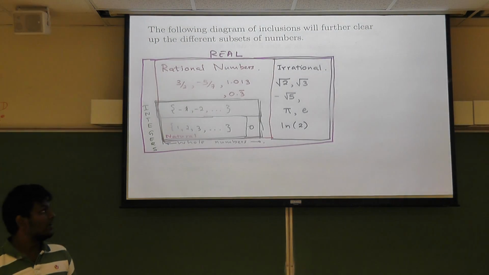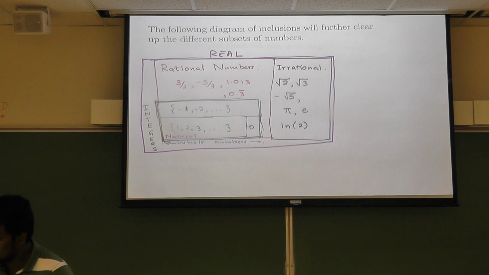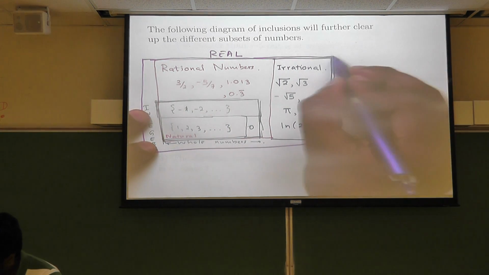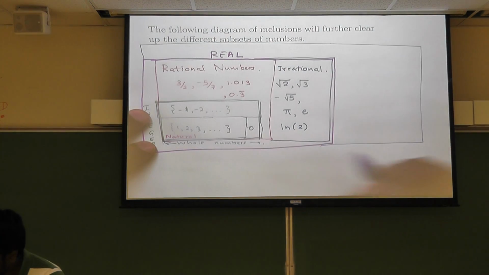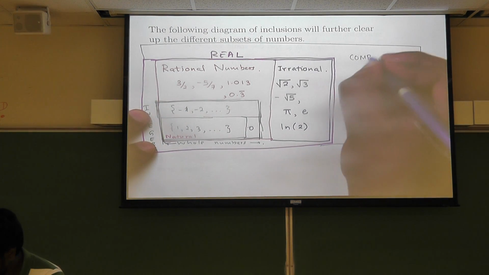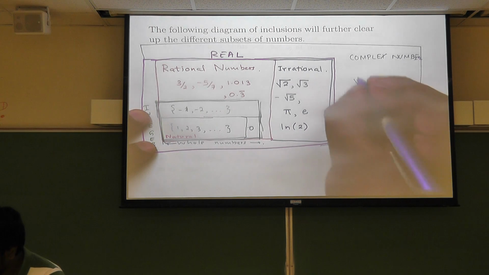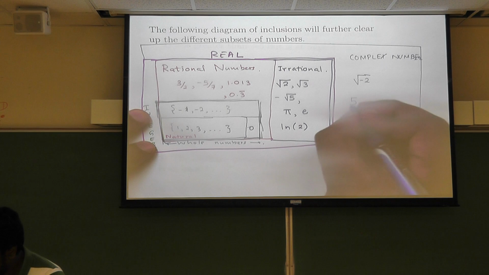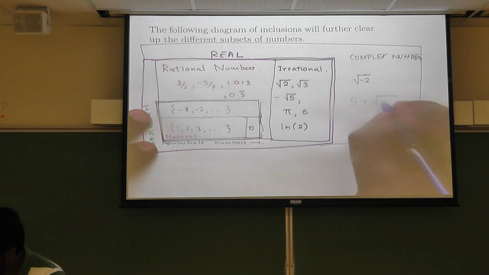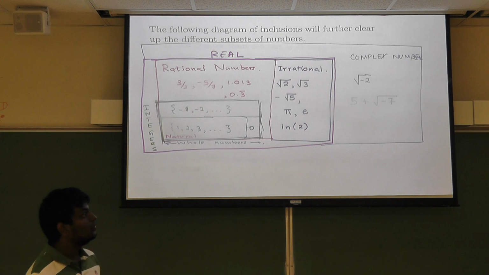So what are non-real numbers? Things that are square roots of negative numbers. That would be called the complex numbers. Starting with square roots of negative numbers, you can add a real number plus a square root of a negative number.